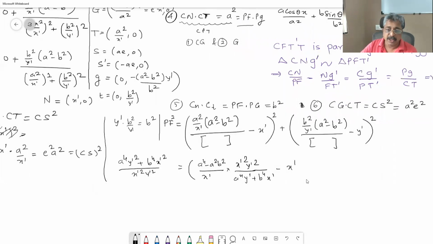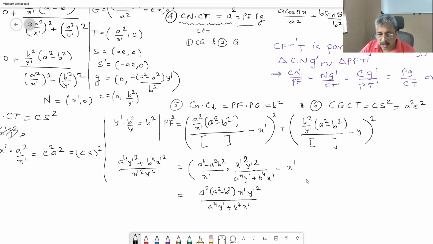So what are we really getting? Are we getting x dash cancelled here? Therefore, again a square inside bracket a square minus b square into x dash y dash square all divided by a fourth y dash plus b fourth x dash.